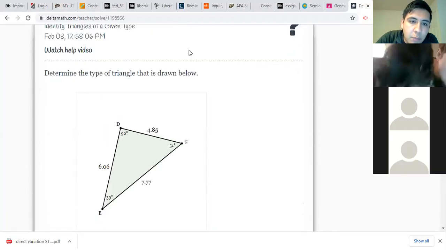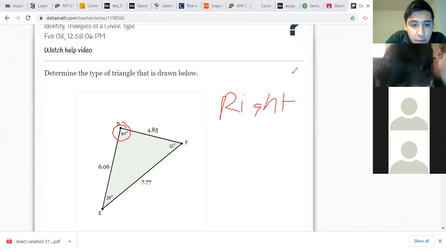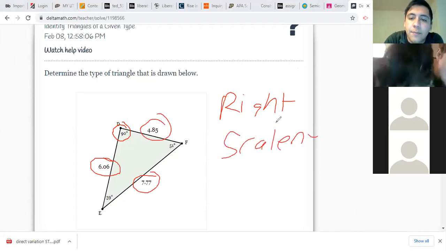Now, one of these, for example, we have a 90-degree angle, okay, which makes it a right triangle. And now looking at all the sides, they're all different, which would give us a scalene triangle.